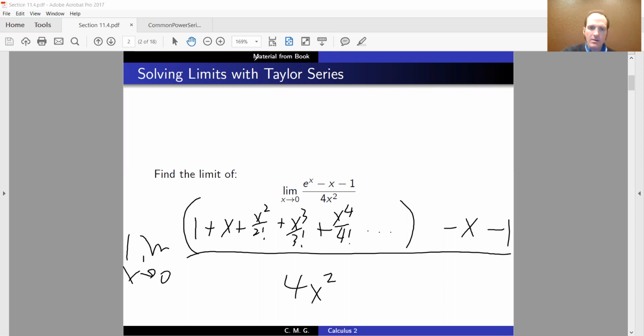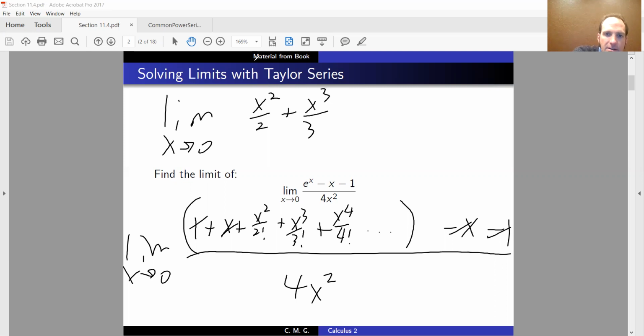And so what we do here is we say, oh, okay, look, the 1 subtracts with the 1, the x subtracts with the x. I'm left with x squared over 2 factorial, x cubed over 3 factorial, x to the 4th over 4 factorial, and so on. So I'm going to say, oh, well, that's the same as the limit as x goes to 0 of x squared over 2 factorial plus x cubed over 3 factorial plus so on, times 1 over 4x squared.